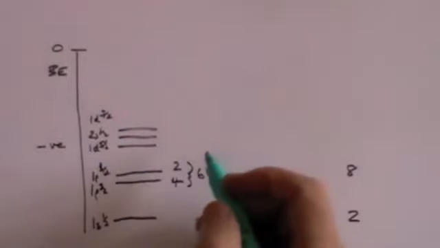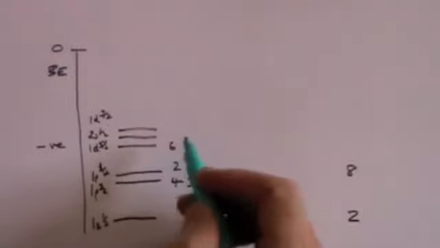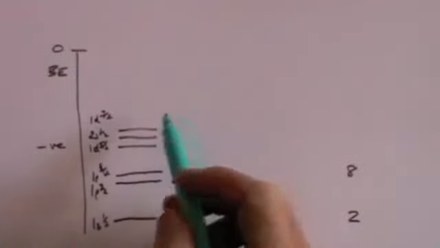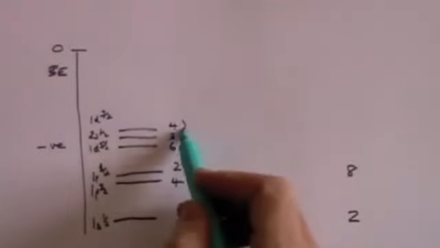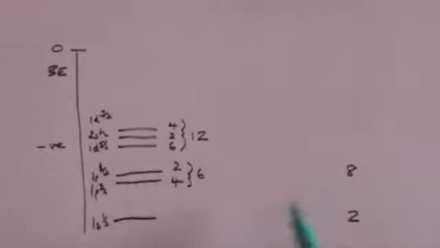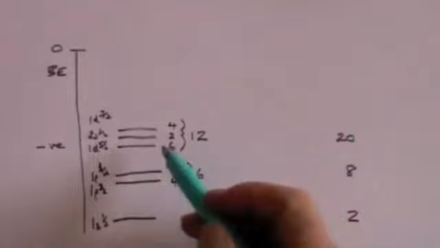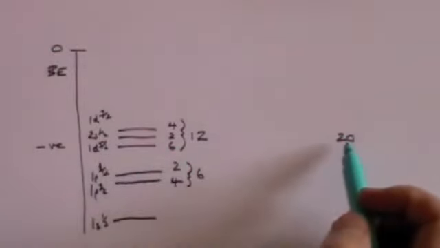The total number of protons or neutrons in each of these is, for the d5/2 level, 6, for the s1/2 level, 2, and for the d3/2 level, 4. That means you've got a total of 12. And if you add 12 to 8, that means that when all 3 shells are full, you'll have a total of 20 protons or neutrons, as the case may be.